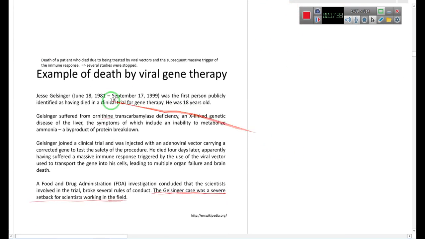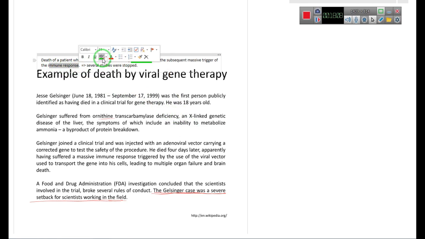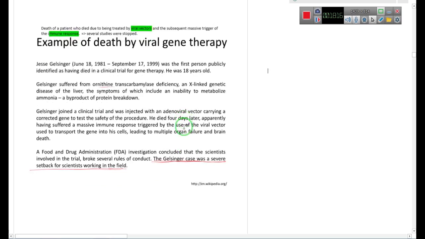For example, there was a study in 1999 in which a person died while undergoing treatment with viral vectors to deliver the nucleic acids. When the immune response of the body was triggered, it was so massive that it led to the death of that person.